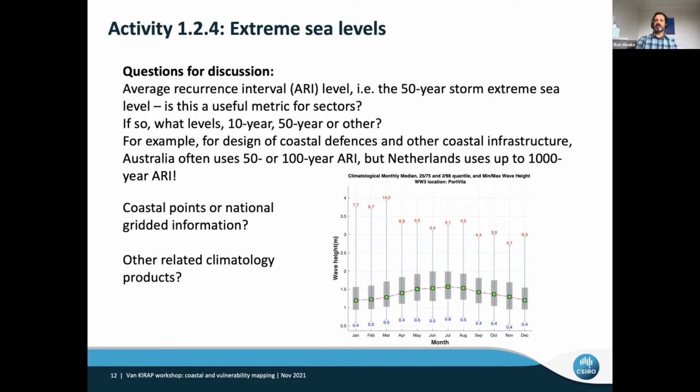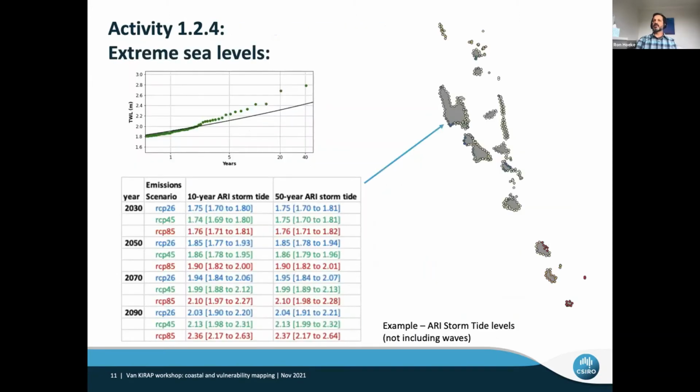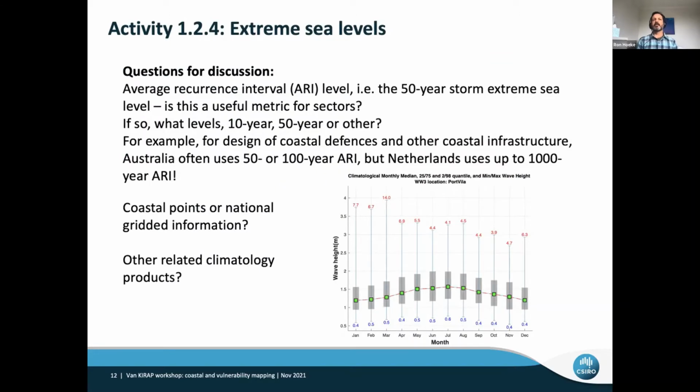Again, I've presented in that last slide those coastal points, the regular points around all islands in Vanuatu. But we could consider some other format, such as gridded. To me, the coastal points make the most sense because we're doing an empirical wave setup and run up calculation. And as you get away from the coastline, obviously that makes less sense.